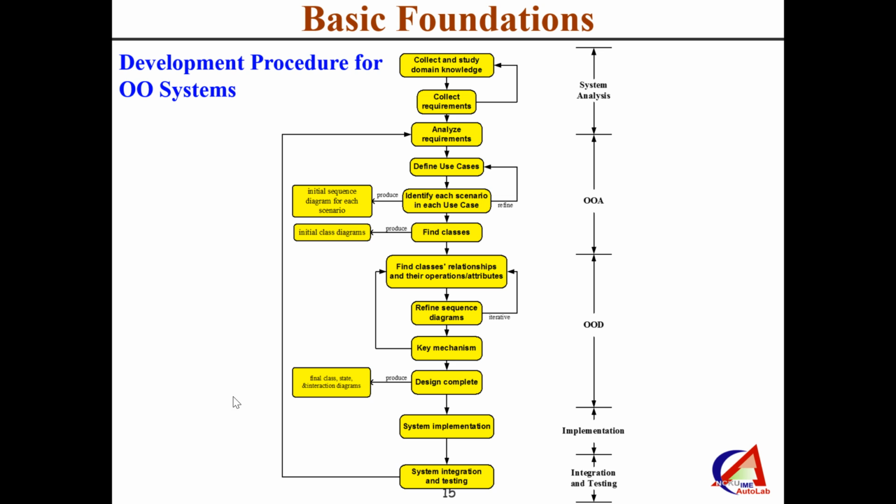But when you design and really implement it, you need to do the object-oriented design. You need to consider which tools, which implementation environment you are using. Then you need to follow that kind of rules. So you need to find class relationships and their operations and attributes, and you need to refine the sequence diagram because this is some kind of specific design.